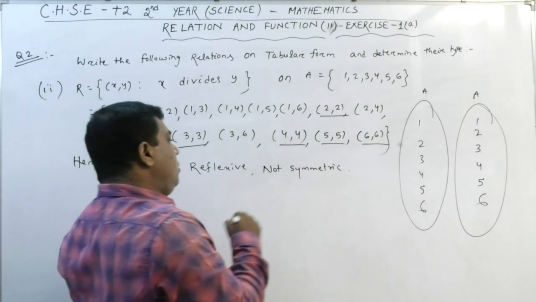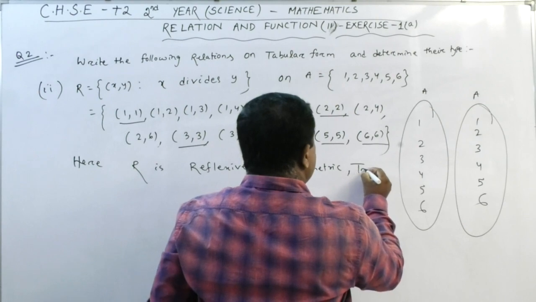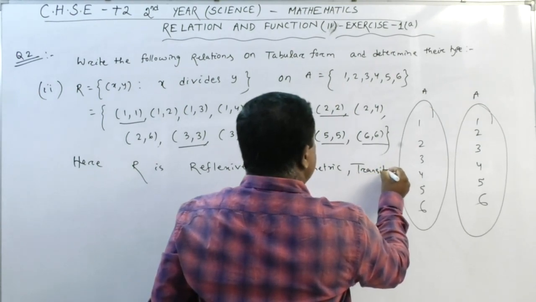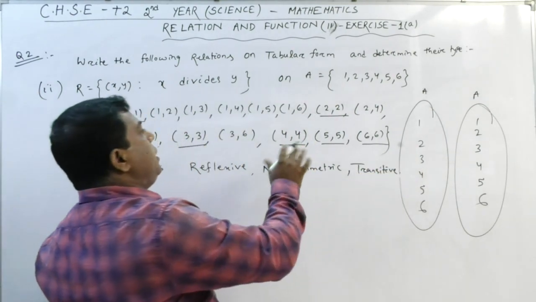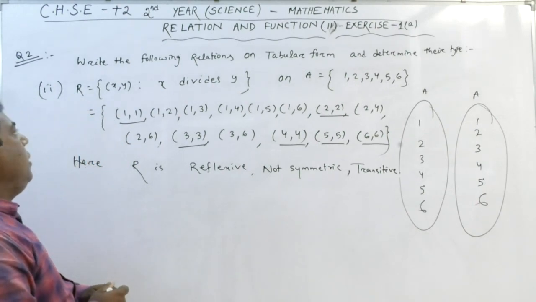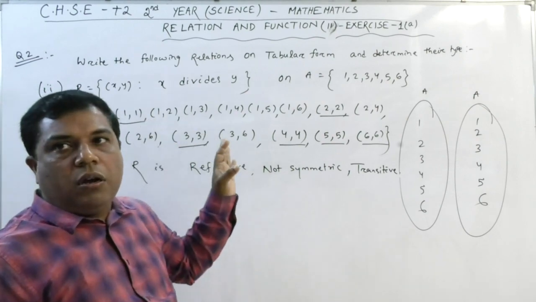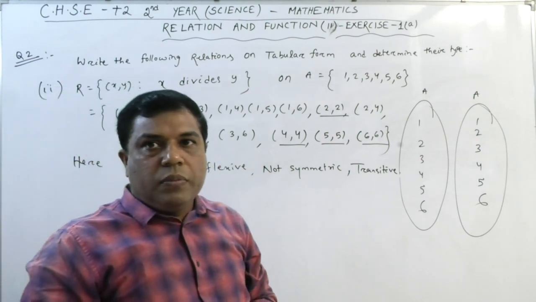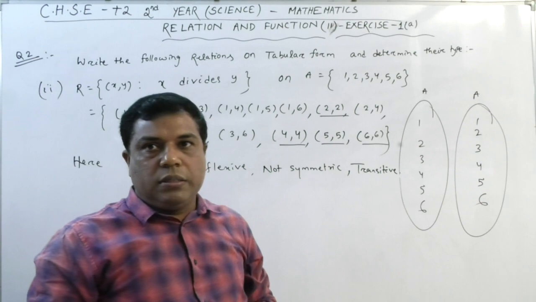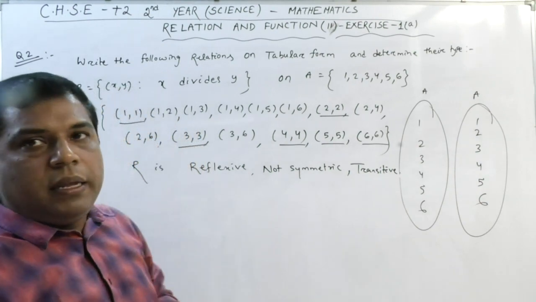So it is also transitive. So my dear students, this is a question about the way to find a relation in tabular form. Okay, you can go through like this and you are able to get the relation.